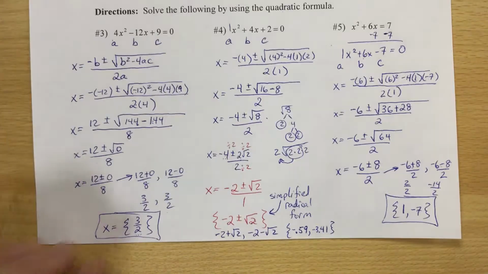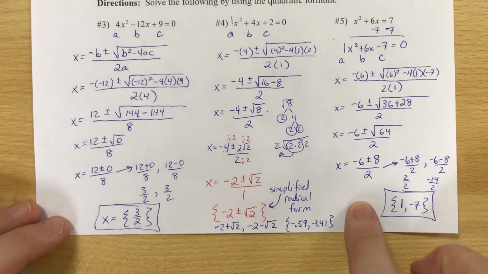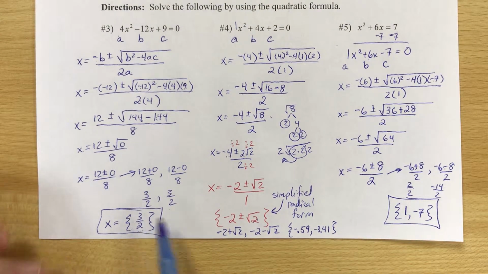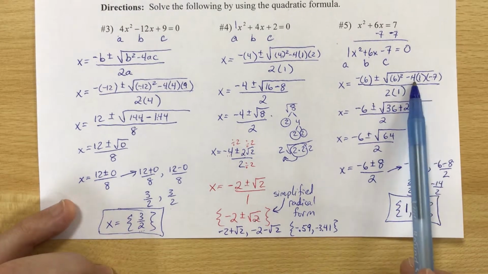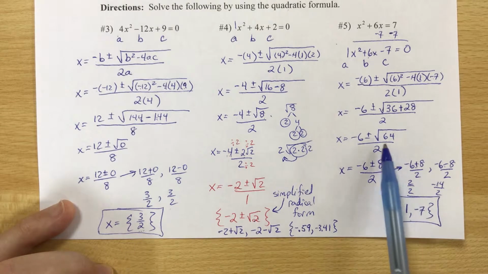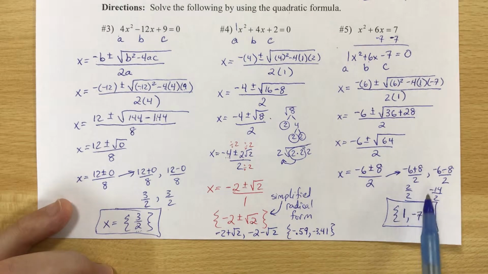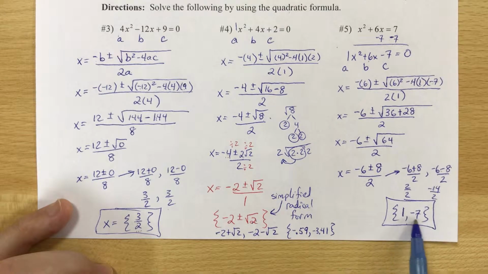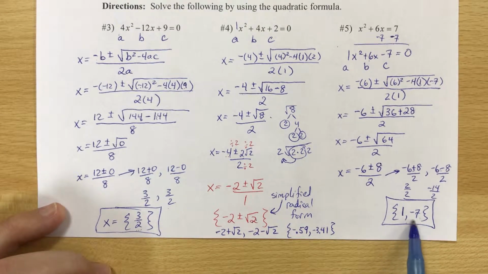So these three examples are good examples because there's really three situations that happen, three types of answers you can get. And they're all based on what's happening underneath your square roots. If you end up with a perfect square like 64, the square roots will disappear and we're going to end up with two rational solutions, that are fractions or in this case even integers.